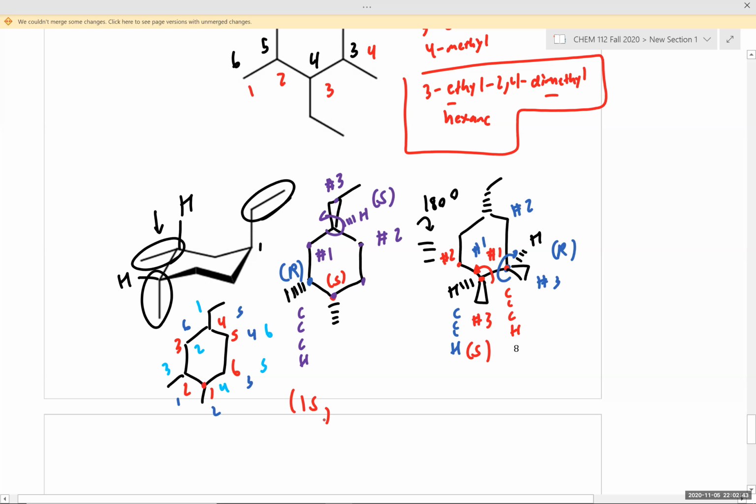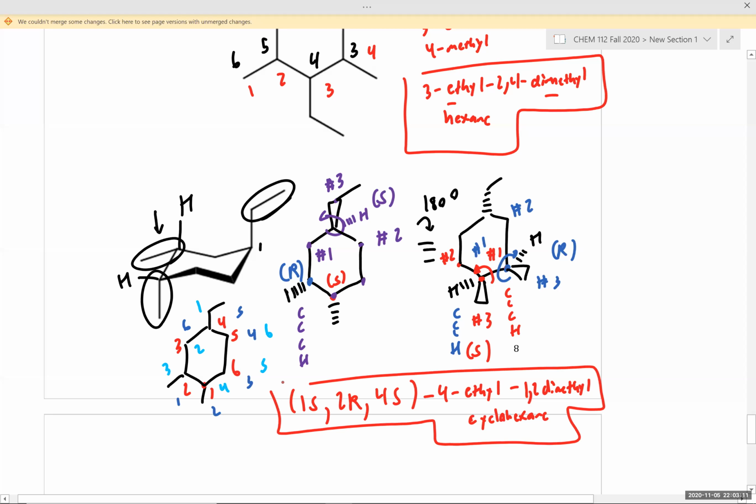So we'd name this as, if this is 1, 1S because position 1 is S, 2R, 4S, 4 ethyl, 1,2 dimethyl, cyclohexane. Bit of a mouthful. Again, we want the lowest locant number for each of our side chain substituents.